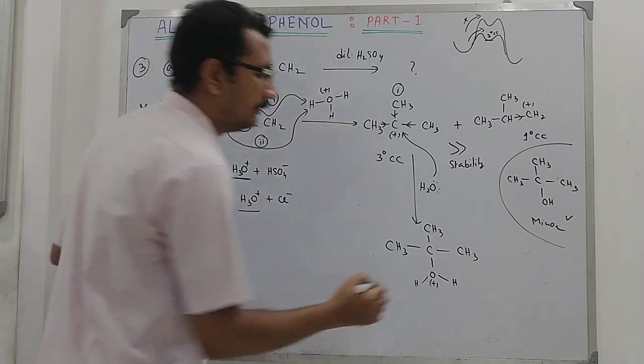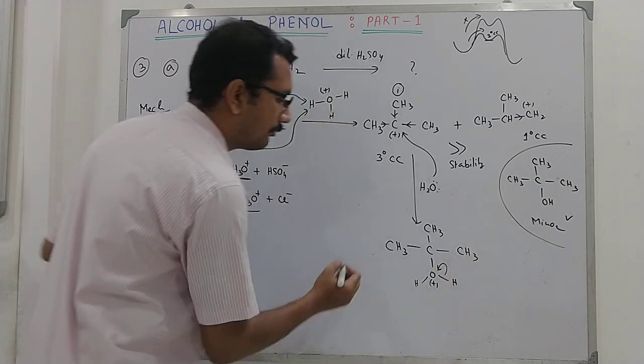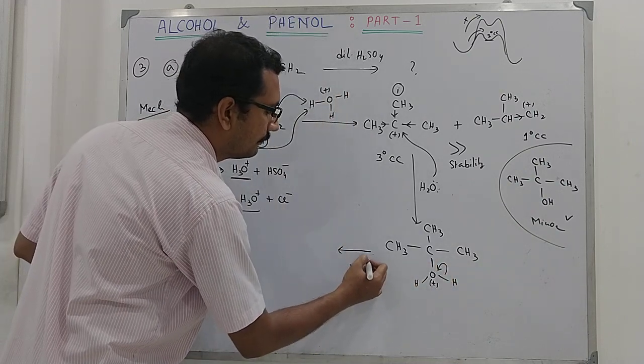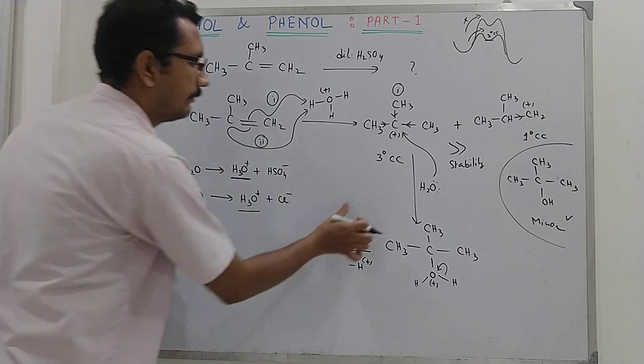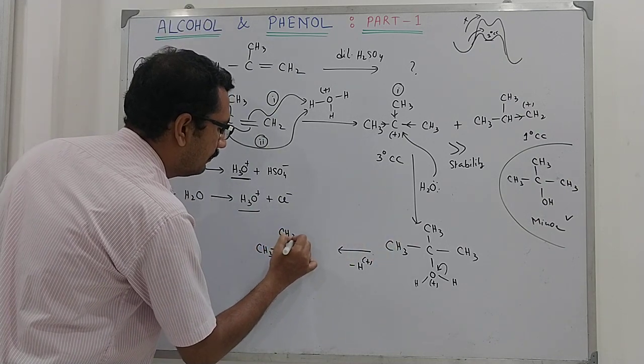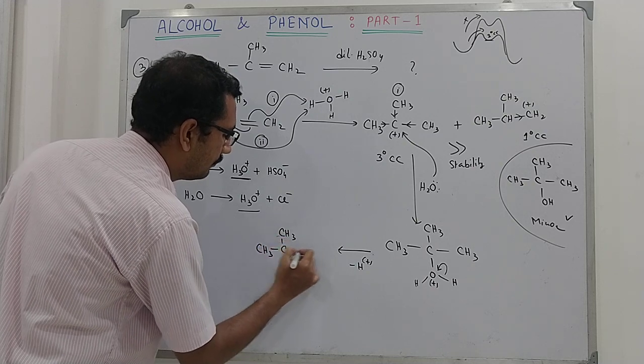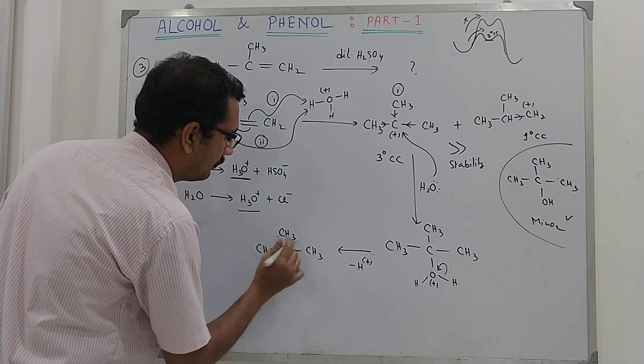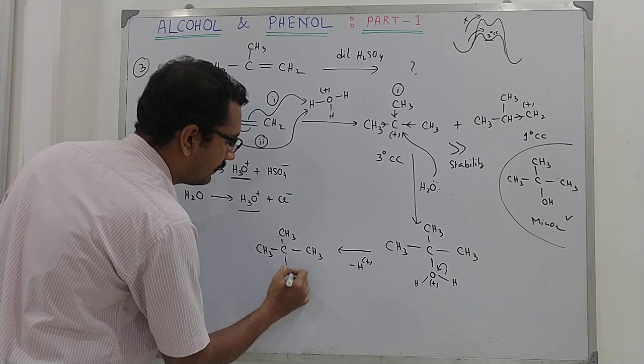To give the protonated alcohol, and there will be deprotonation then, and we have the tertiary butanol as the major product.